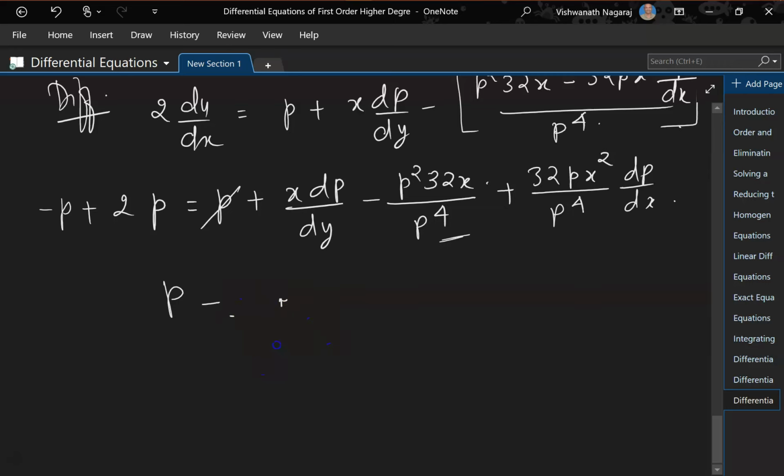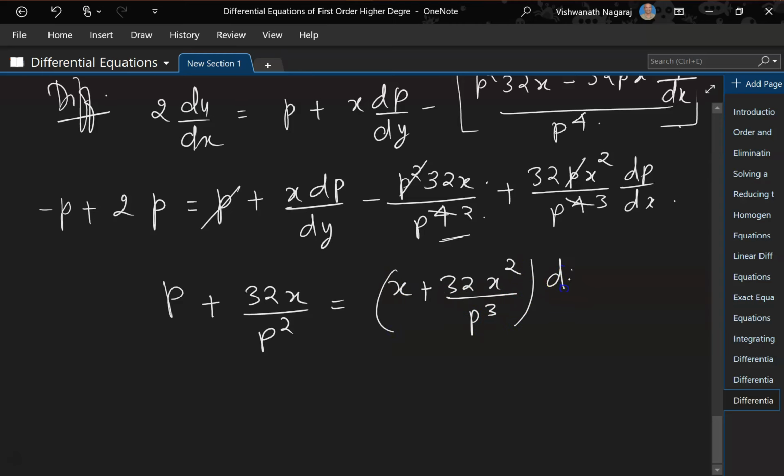Let's do the cancellation also, so p square and 2 of this will get cancelled, so we can bring in plus 32x by p square is equal to x plus 32px square, again p and this, so this p gets cancelled in the numerator, so x square by p cube, and common is dp by dx.